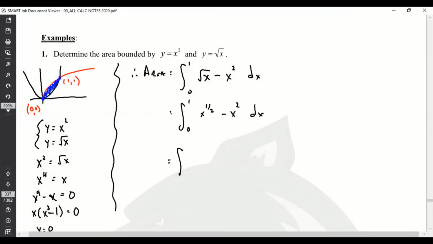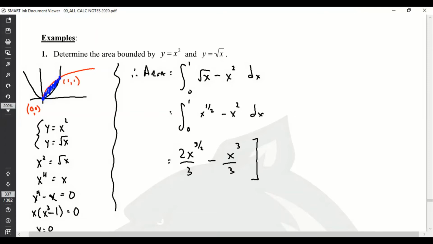And so when we go to integrate this by taking our antiderivative, this ends up being 1/2 plus 1 is x to the 3/2. We're going to divide by 3/2, which looks like this. We're going to subtract. This is x cubed. We add 1 to the exponent. We divide it by 3.